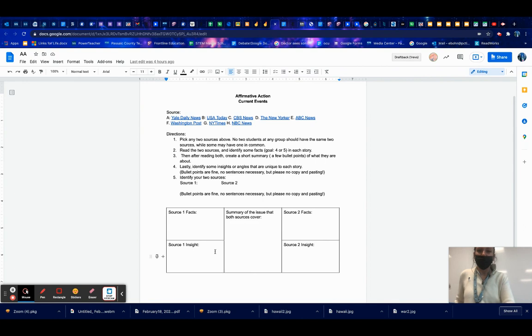So that's where you're going to put some insight. Maybe you can say, this article focused more on the students. This article focused more on the history of this legislation. This article focused more on what I ate for breakfast today. I don't know. But for the insight, just think, what is unique to this article that the other article did not have? Does that make sense?